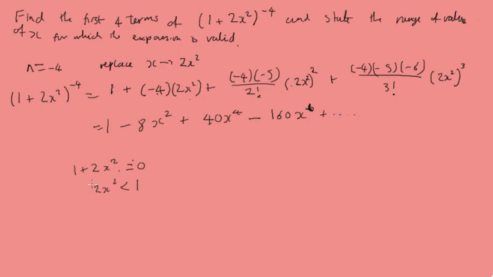And then, so it's a modulus, sorry. And then we would do x squared would, the modulus x squared would be less than half, but this is x, so it's going to be the modulus of x is going to be less than 1 over root 2.